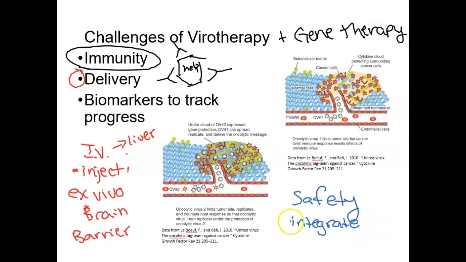So you really need to be aware, and you need to eliminate any chance of integration. So there's a lot of safety concerns. So when you have this possibility of using two viruses, you have to make sure that both of them are equally safe. All right, we'll talk more about some trials in the next lecture, in part 2.